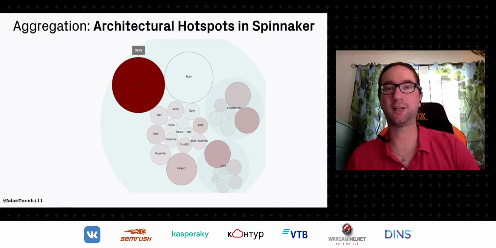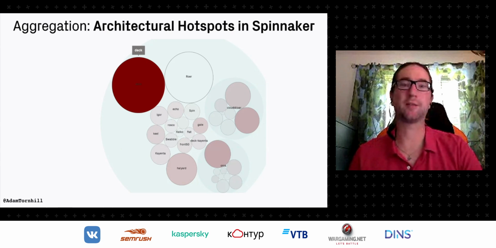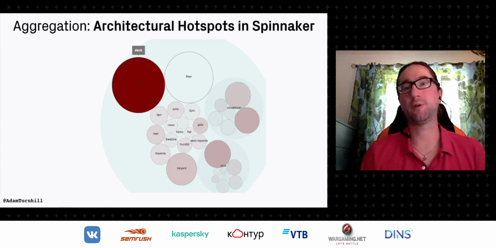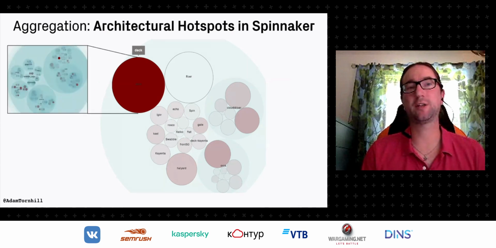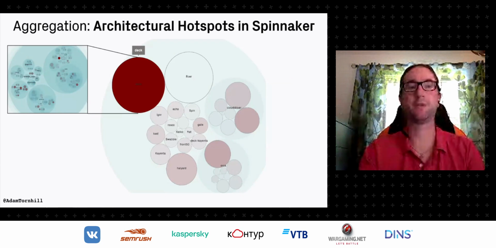Because deck, that you see there to the left, that's where the majority of all action has been over the past iterations. So that's the part that really could benefit from our increased engagement. And from here, I can now, if I want to, do a hotspot analysis of the content in deck and reveal the file level hotspots, so I can narrow down my testing efforts even more if I want to.